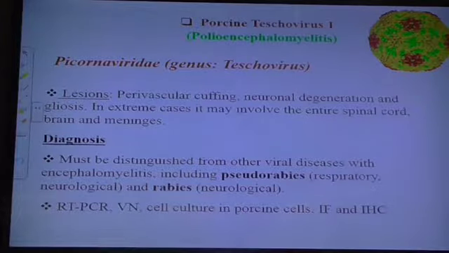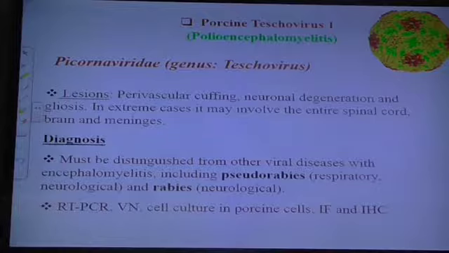And rabies is mainly, we know, neurological. Now, RT-PCR, because this is an RNA virus, virus neutralization, cell culture in porcine cells, immunofluorescence, and immunohistochemistry. So, targeting the presence of the virus, whether it is in tissue of the brain or it is in the gut or lymph nodes.